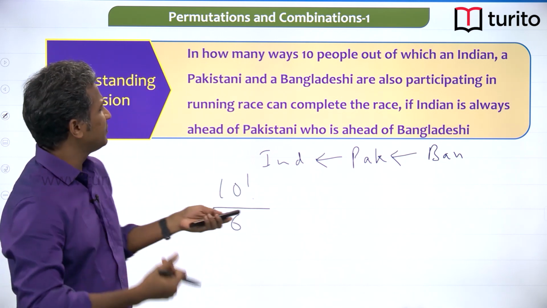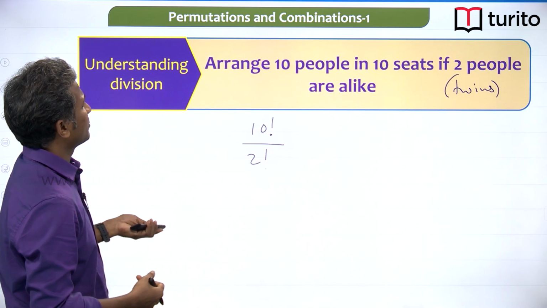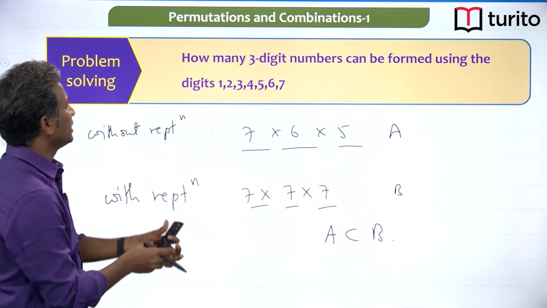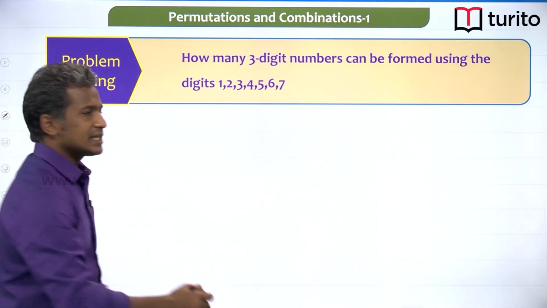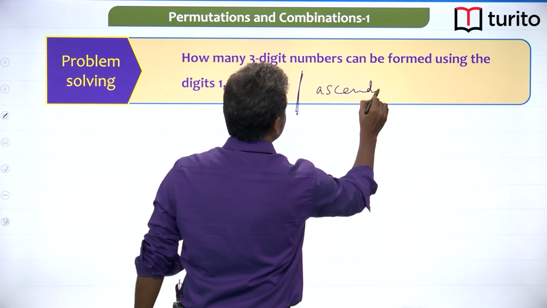Okay. Now, let me explain this idea using this example also. Here we wanted to form a 3-digit number. Let us say you want the digits to be in ascending order.